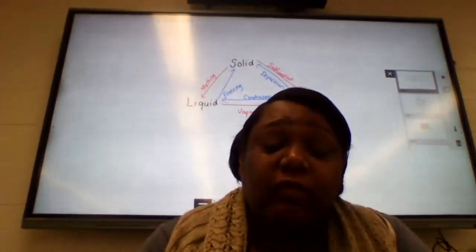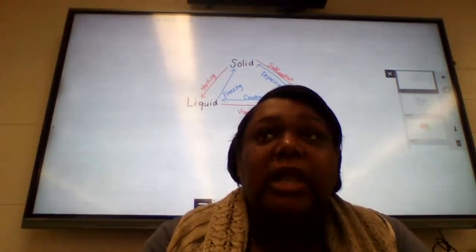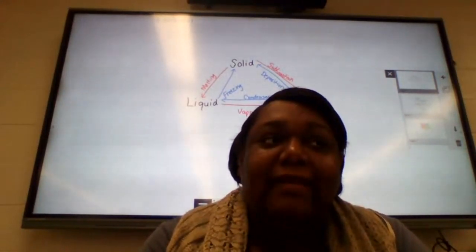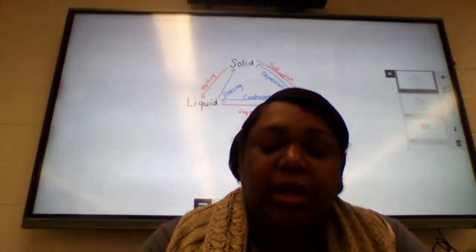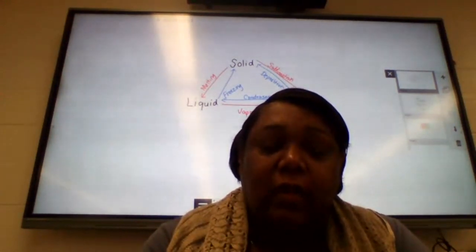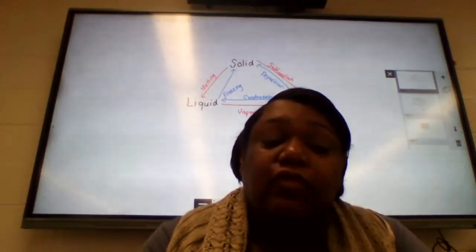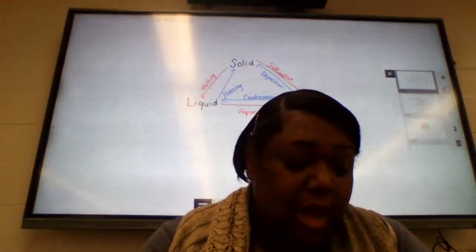When we move to liquids, though, we notice that the organization gets a little less orderly, and liquids generally take up a little less space than solids do because, again, they're not organized as orderly as your solids are. But there still is an attraction between the particles, which is what holds liquids together.